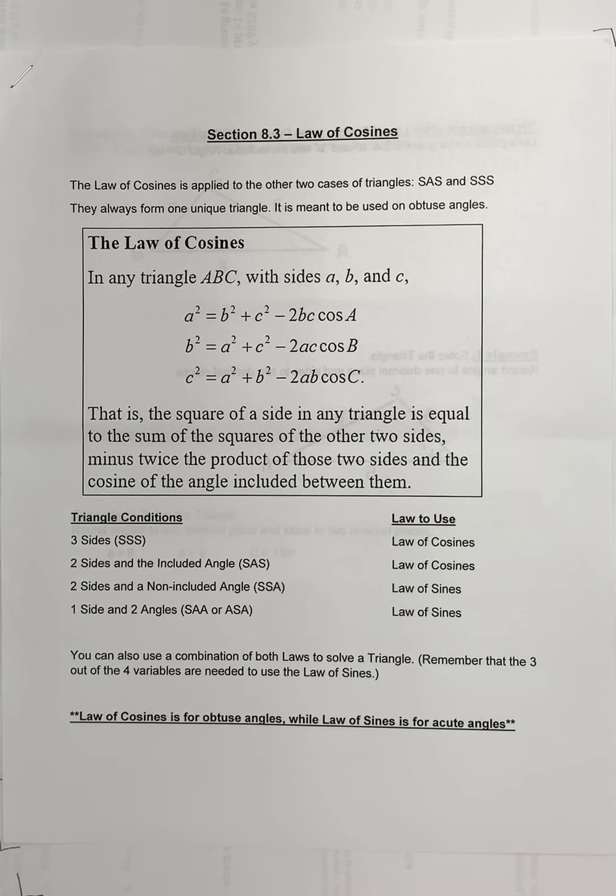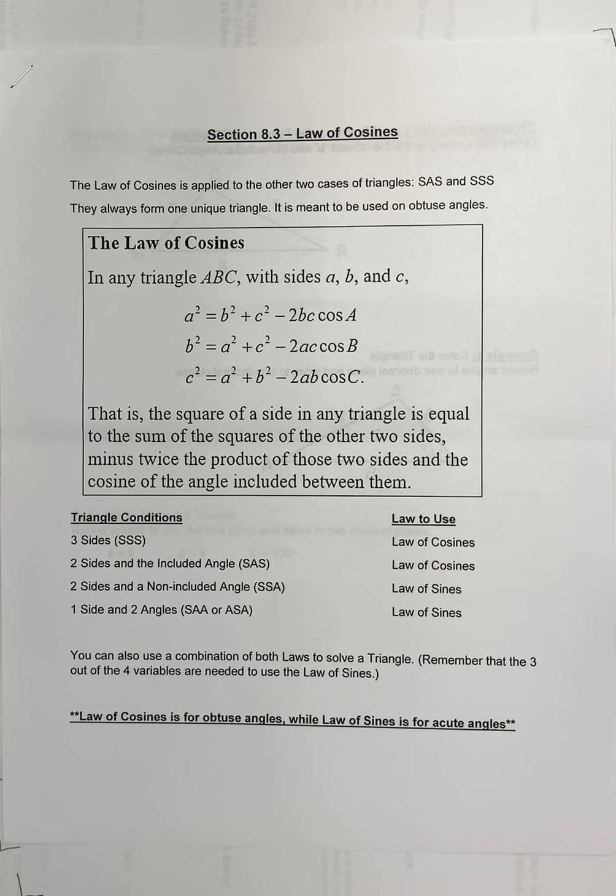But an obtuse angle is larger than 90, but less than 180. So now we're going to be getting into some larger angles. Still remember that all three angles have to add up to 180 degrees. That's just the definition of a triangle, regardless of what kind you have.